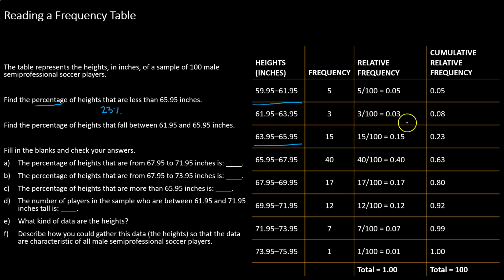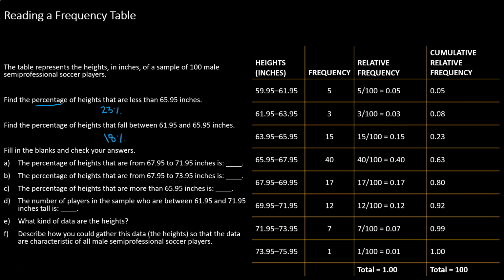In this case, I cannot just take the 0.23 because that would include the 5 individuals who are less than 61.95. We don't want that. We just want the 2 here, so we could take the 2 relative frequencies and add them together, and we would get 0.18, which we could convert to a percentage to say 18%.